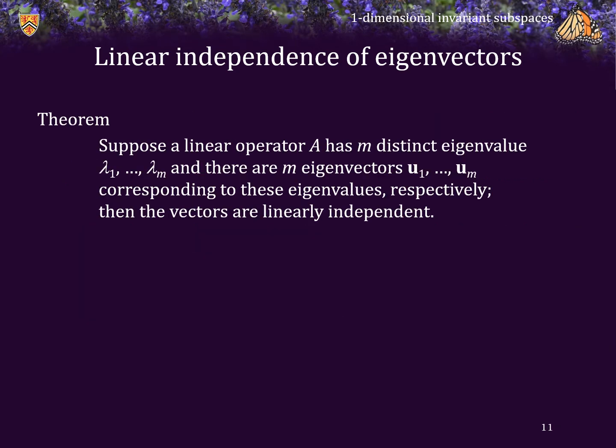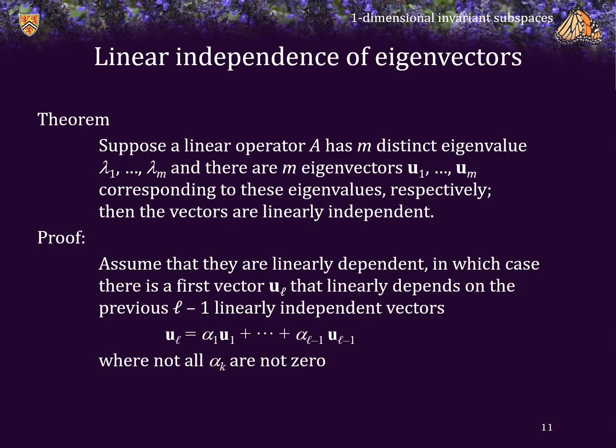All right, so on to our theorem. Again, suppose a linear operator A has m distinct eigenvalues lambda 1 through lambda m, and there are m eigenvectors u1 through um corresponding to these eigenvalues respectively. Then the vectors are linearly independent. Proof.